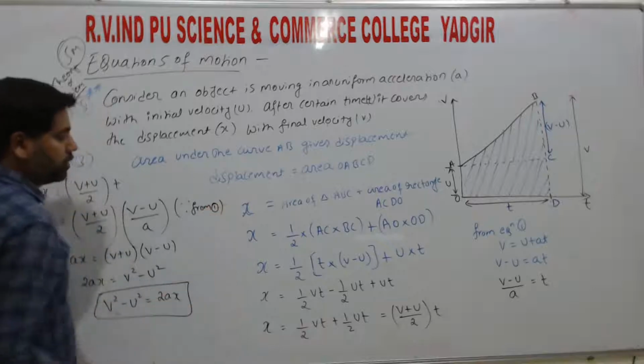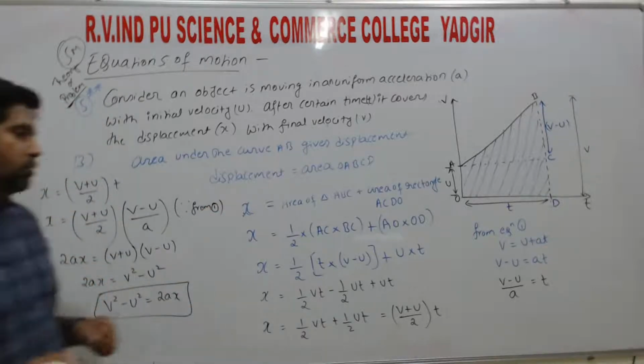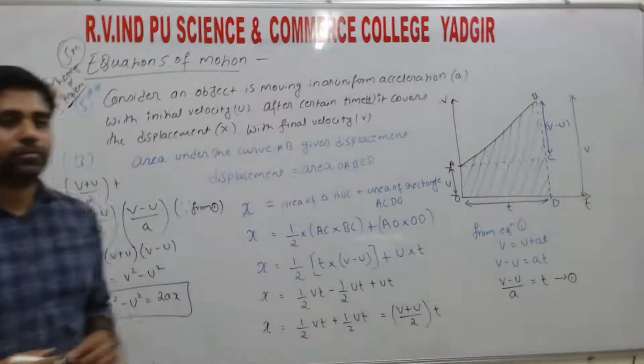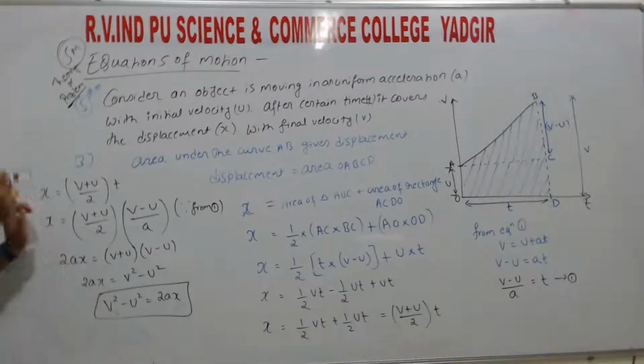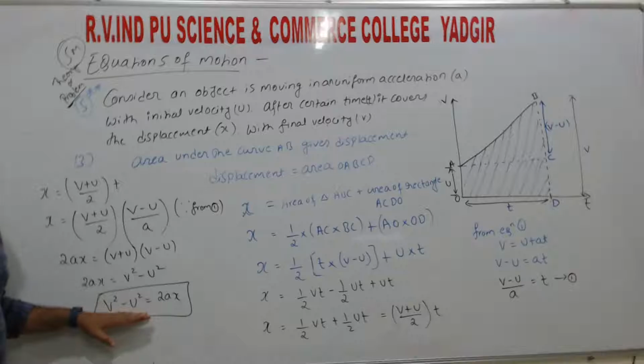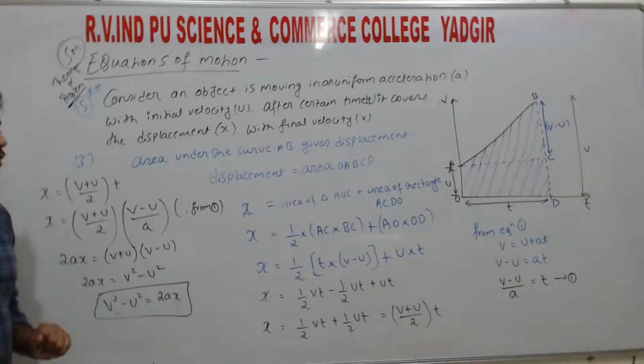From equation 1, calling this 1. So there is another method to find this relation by using the average velocity.